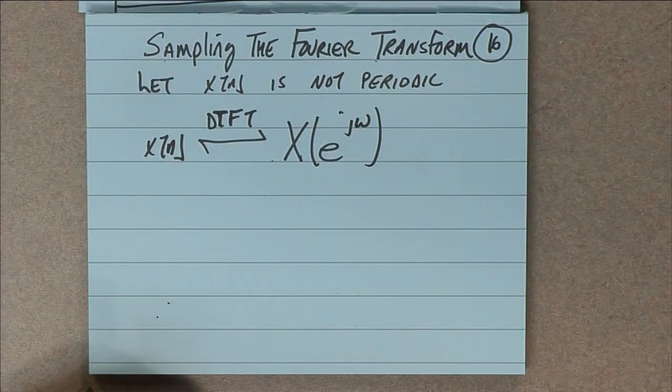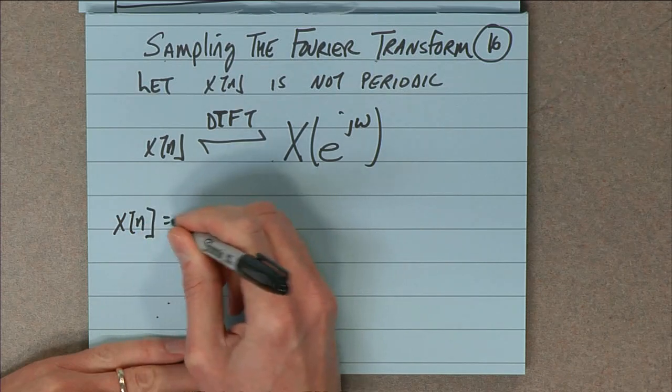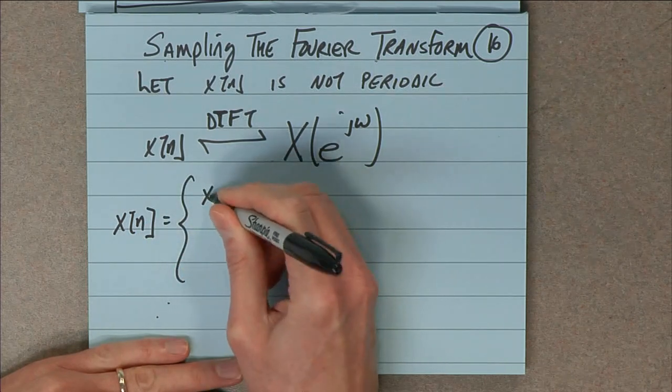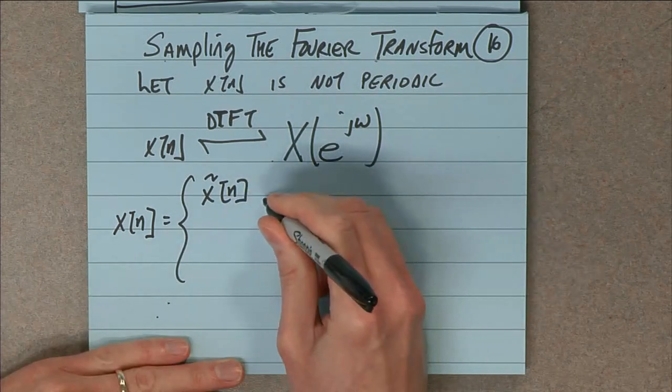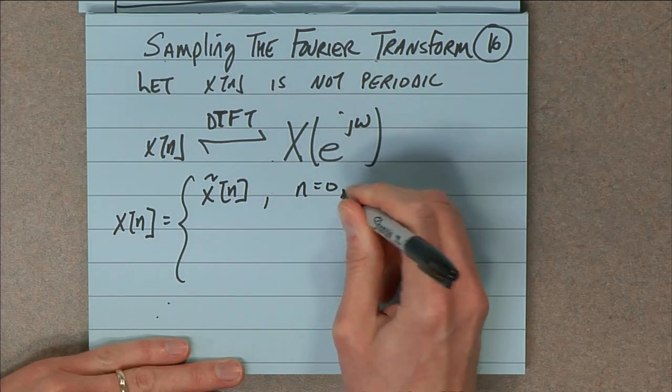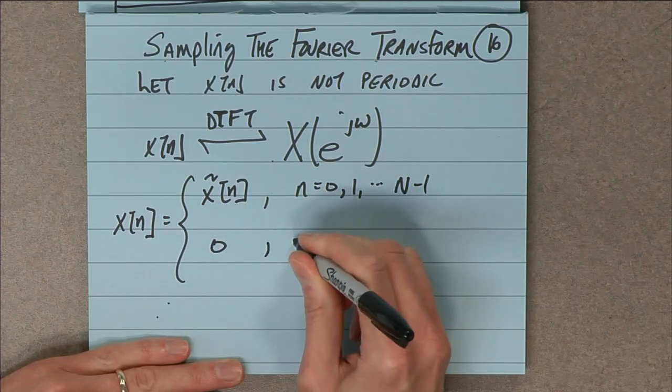suppose just for analytical ease, and since we spent all this time messing with discrete Fourier series that require periodic sequences to use, let's just say that x of n is actually one period. It's just one period of a periodic sequence x tilde of n. So kind of a clever reframe here.